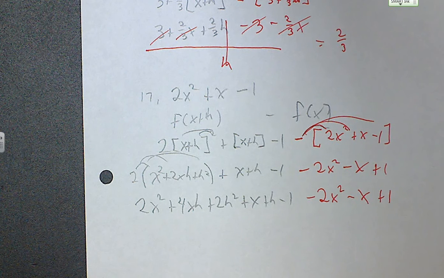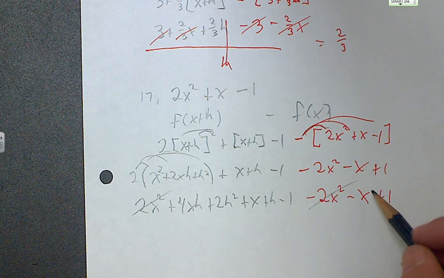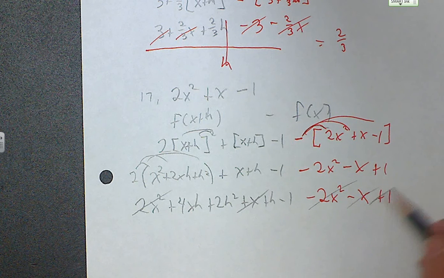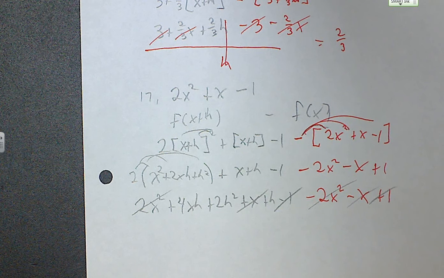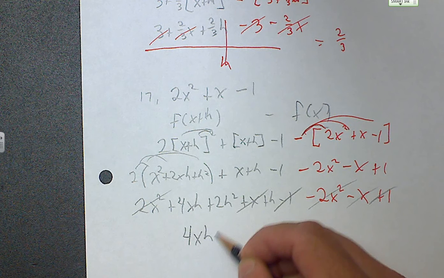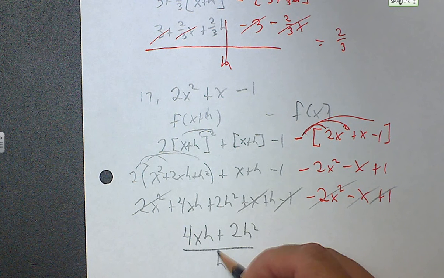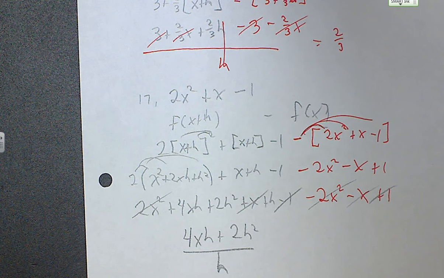Alright. What cancels? The x squares, the x's, and the 1s. Leaving me with 4xh plus 2h squared plus h on the top, over h.